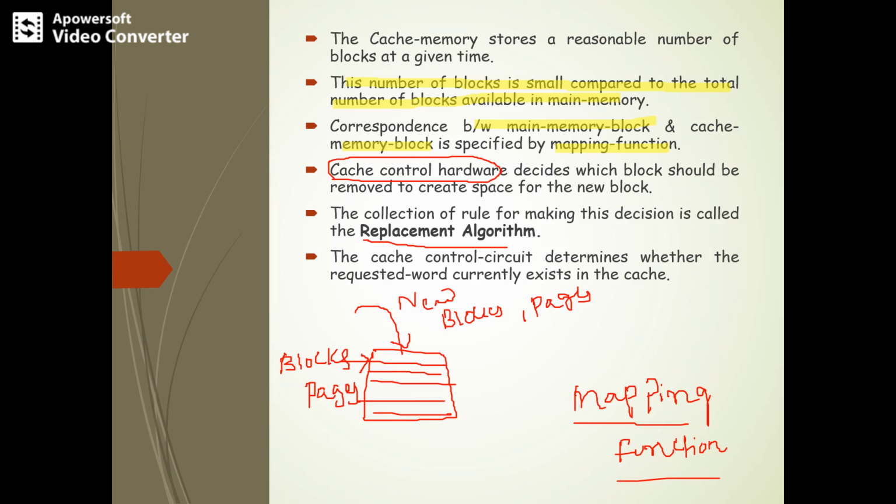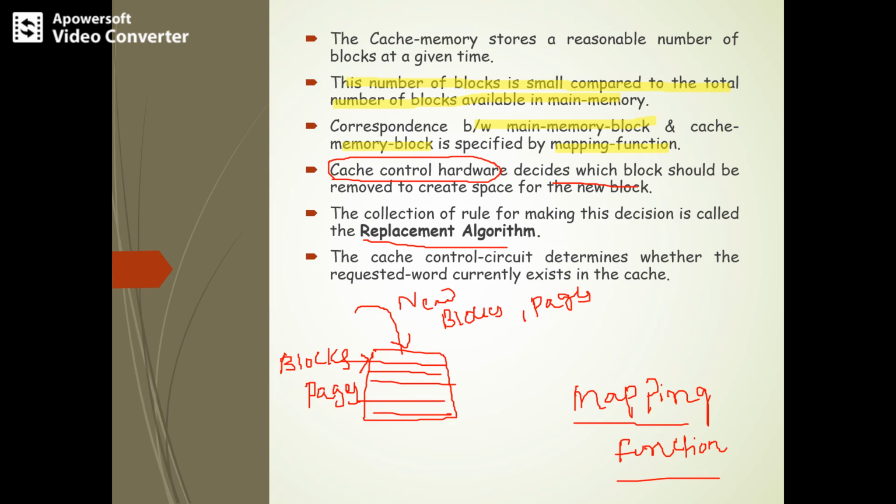In the replacement algorithm, we can copy some set of pages from the cache into secondary storage or any other memory device. We can make use of algorithms like most recently used or least recently used while deciding which particular block needs to be removed from the cache.